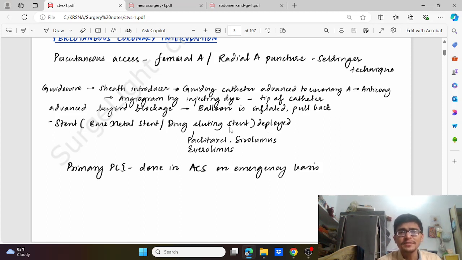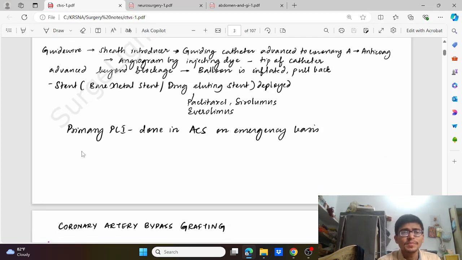The drug eluting stent may have drugs like sirolimus or paclitaxel. So primary PCI is done nowadays in acute coronary syndrome on an emergency basis.